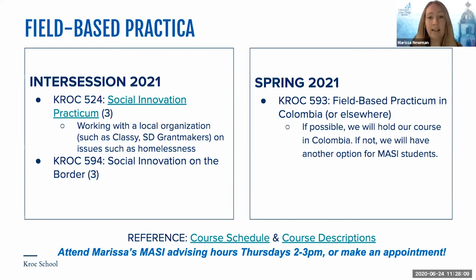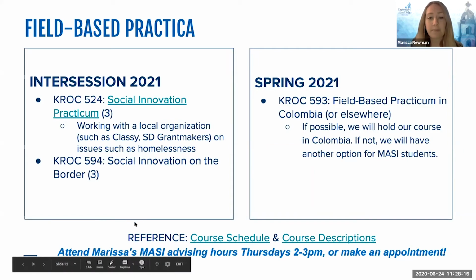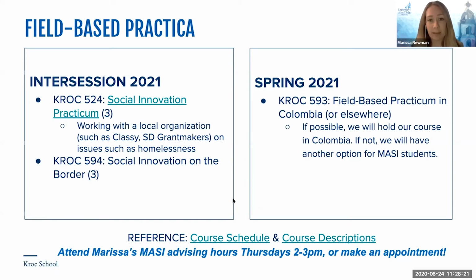So here I have hyperlinked a blog post from our practicum last January. And in the past, we've worked with organizations such as Classy, San Diego, and San Diego Grantmakers. We've also had students work on issues such as homelessness. It's a really great practicum.